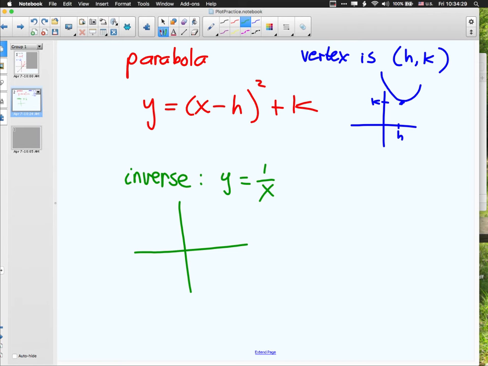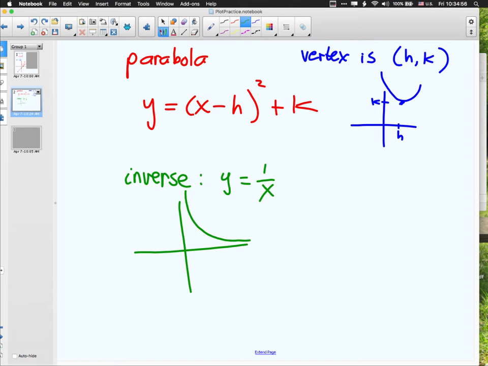Okay, what happens as x gets really, really tiny? Y gets huge. If you divide by 0.01, it's the same as multiplying by 100. If you divide by 0.001, it's the same as multiplying by 1,000. Okay, so we're looking at this.